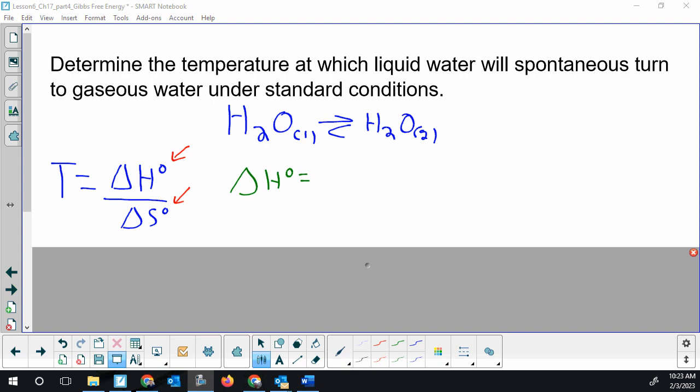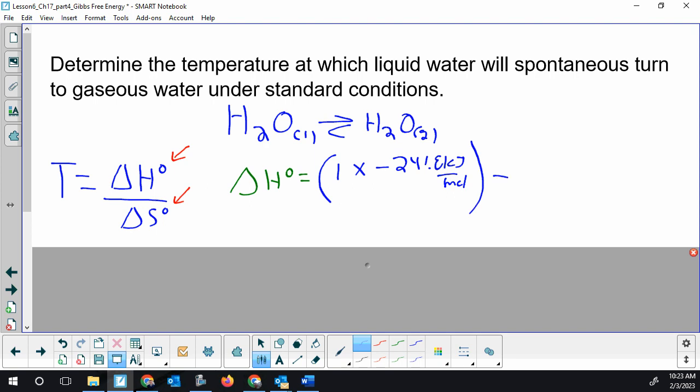So using data sheets, we're going to predict the enthalpy change. I'm not going to write out the formula. It's products minus reactants. I'm going to jump right into enthalpy. So we have 1 water vapor multiplied by the enthalpy change of water vapor, negative 241.8 kilojoules per mole. I'm using an AP data sheet, but it's almost the same as the Chem 30 enthalpy change that you're probably used to.